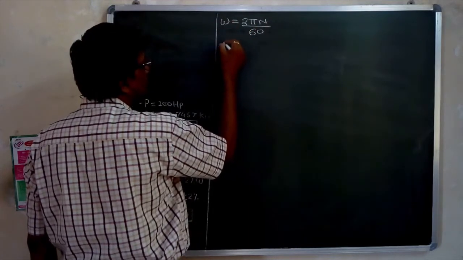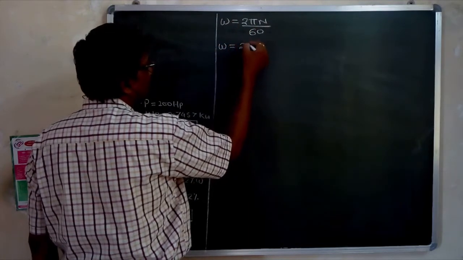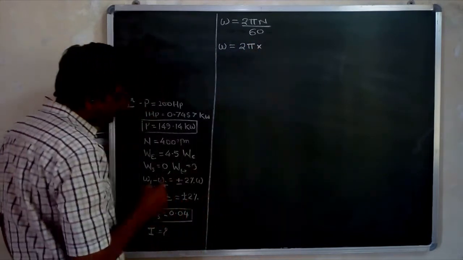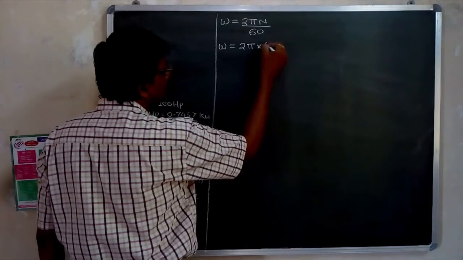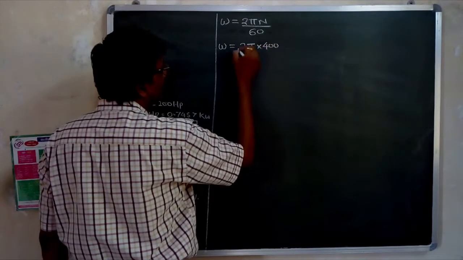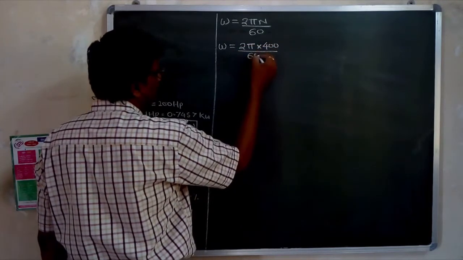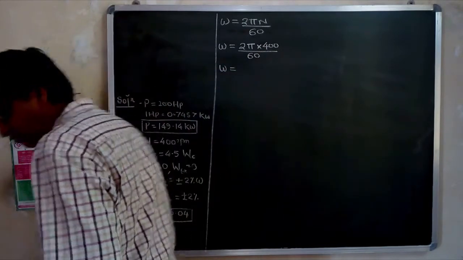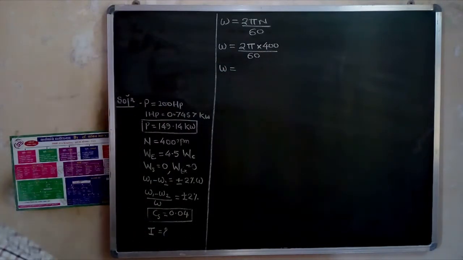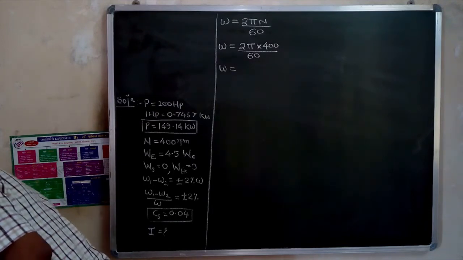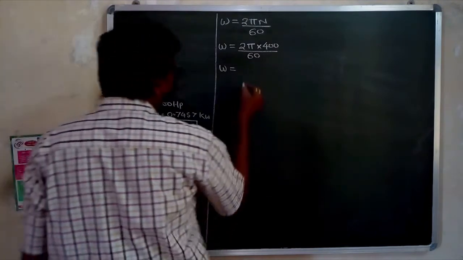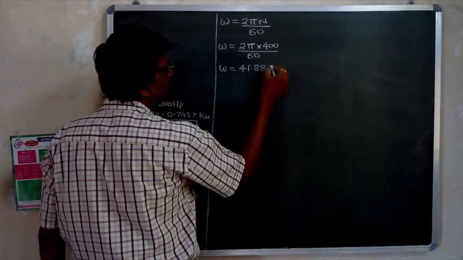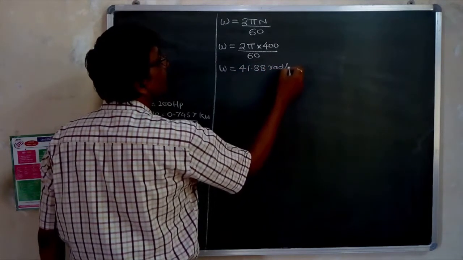So omega can be calculated as 2 pi into 400 upon 60, which comes out to be 41.88 rad per second.